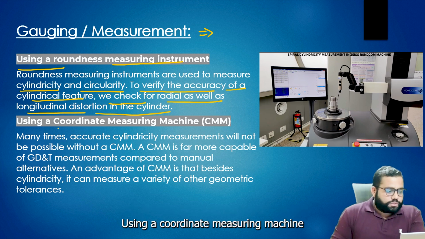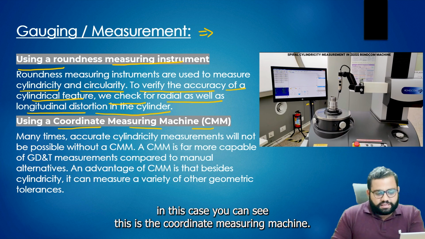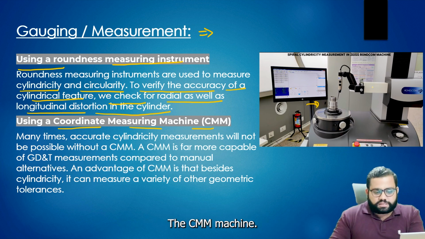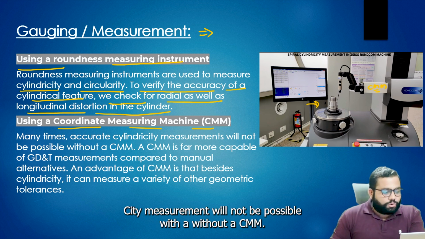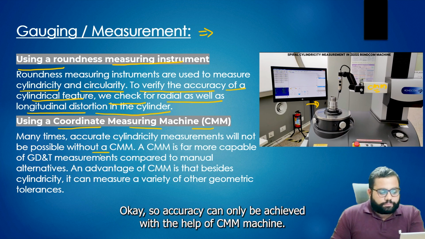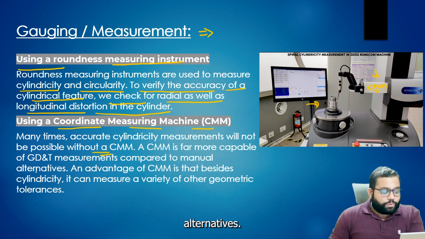Using a coordinate measuring machine, as you can see here, this is a CMM machine. Many times accurate cylindricity measurement will not be possible without a CMM. Accuracy can only be achieved with the help of a CMM machine. A CMM is far more capable of GD&T measurements compared to manual alternatives.